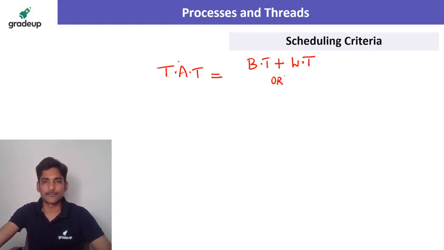Or there is another formula to calculate turnaround time: completion time, when a process gets completed, minus arrival time.